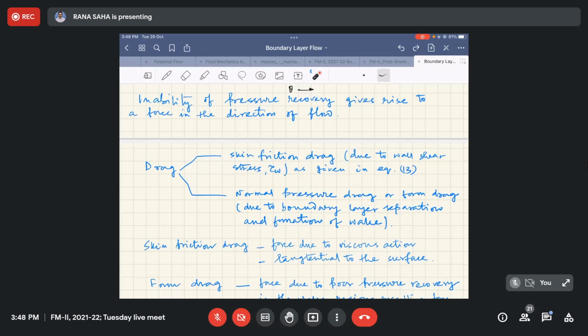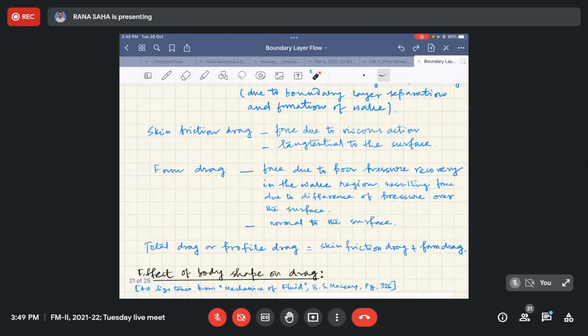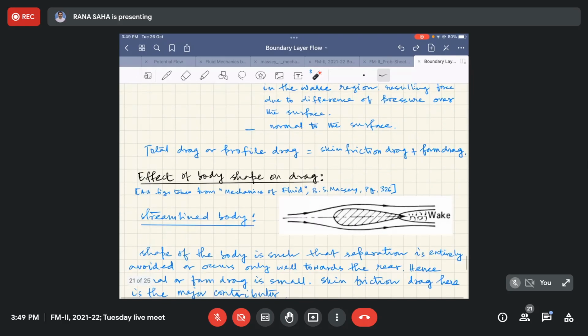That is the skin friction drag due to the wall shear stress tau W. And the other one we have just discussed is basically the drag due to the pressure difference between the two halves, frontal and rear end. It is also written here in more or less the same manner: poor pressure recovery and so on. So I'm not going into that.